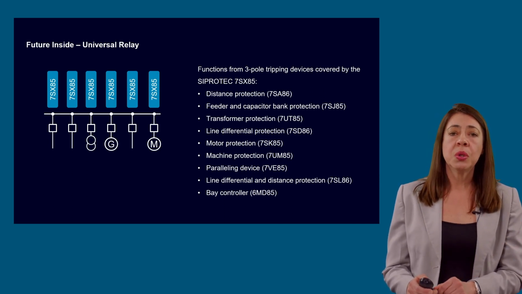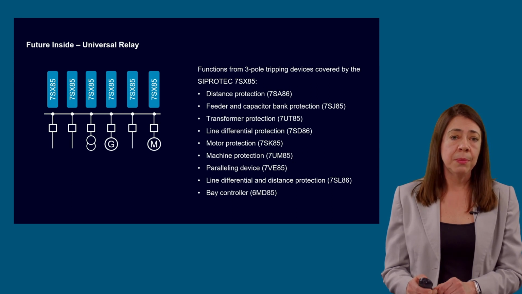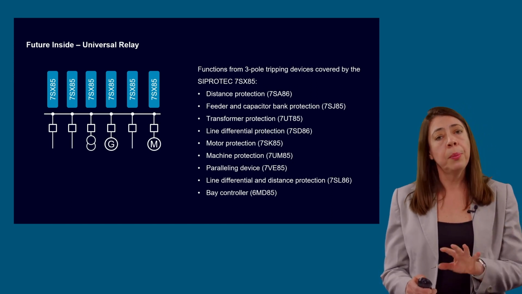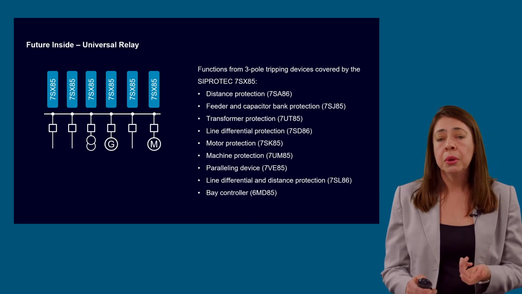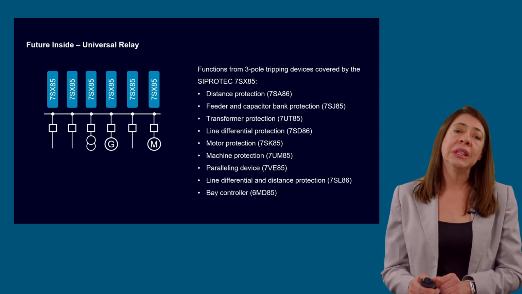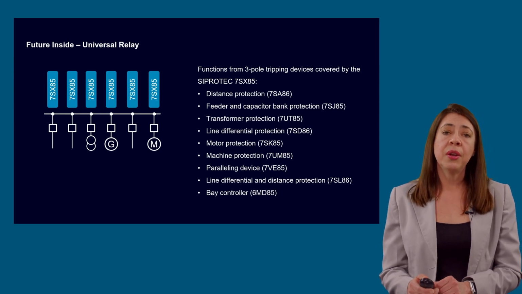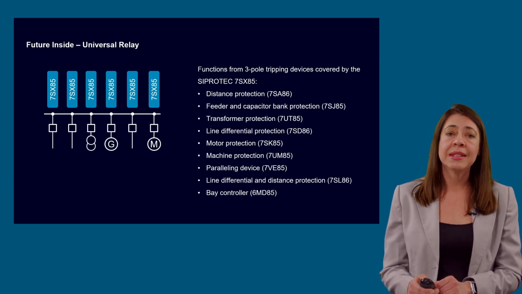With this approach, a single device type can be converted into a distance protection, or a feeder protection, or a machine protection. All the 3-pole 3-pin protection devices listed here can be covered by the SIPROTEC 7SX85.